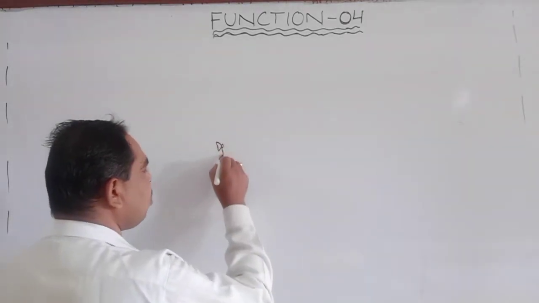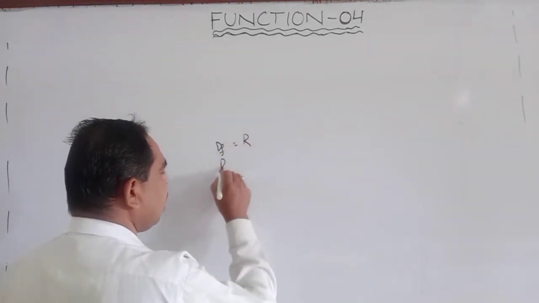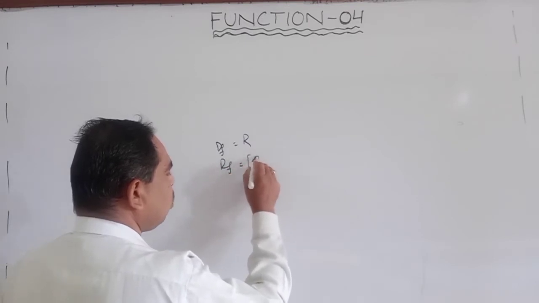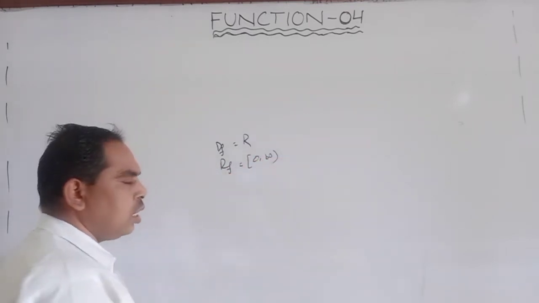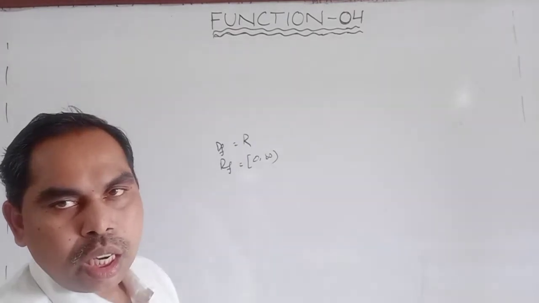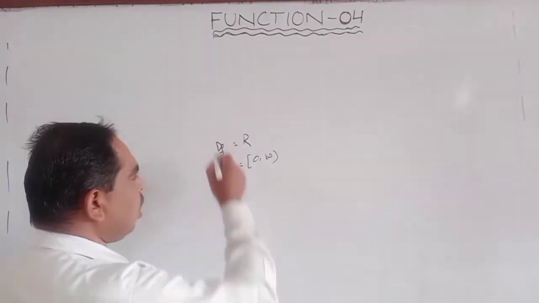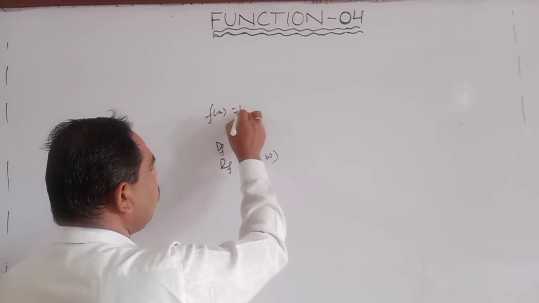Domain of f is R, range of f is 0 to infinity. This is absolute valued function. f of x is equal to mod x.